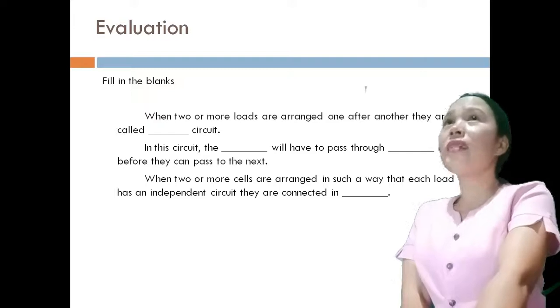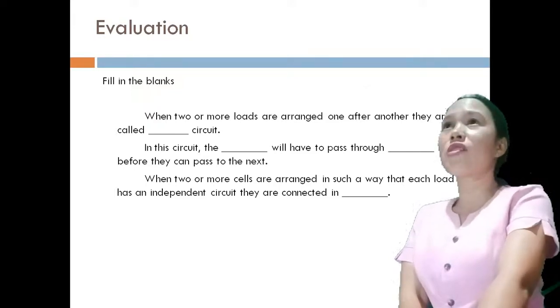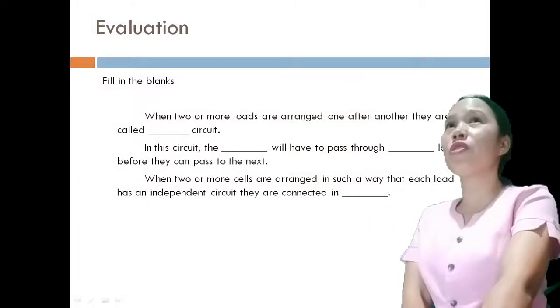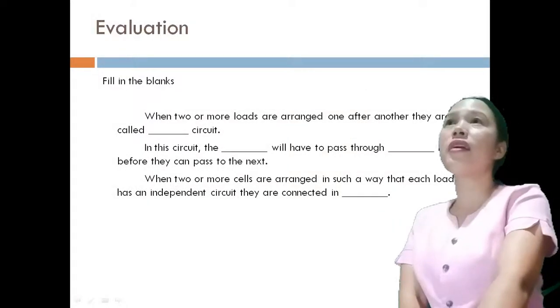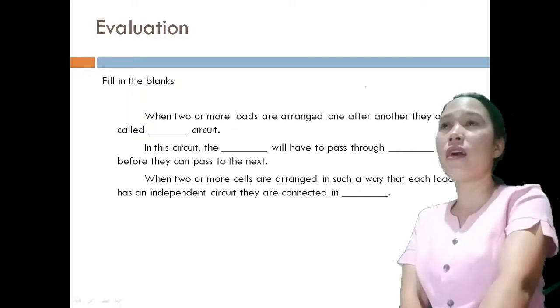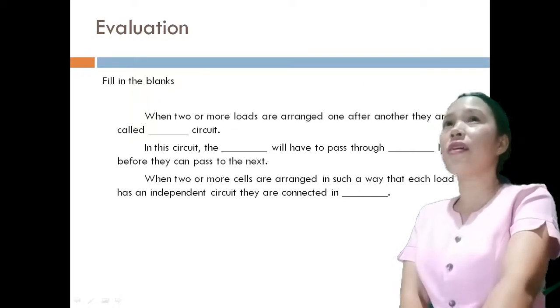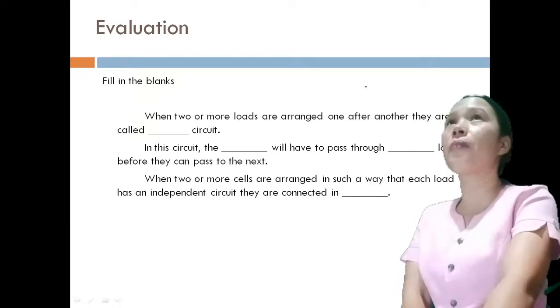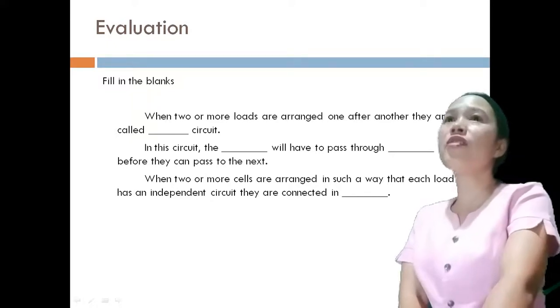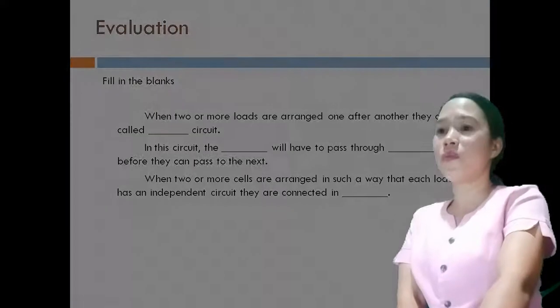Before we end, please reflect on this question. You are going to build your own house in the future. Considering that you need to have an electrical connection, what will you prefer? A series circuit connection or a parallel connection? And why? I will hear your response tomorrow.